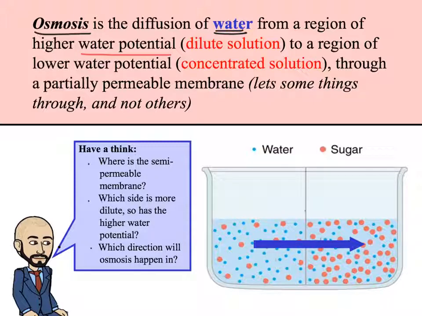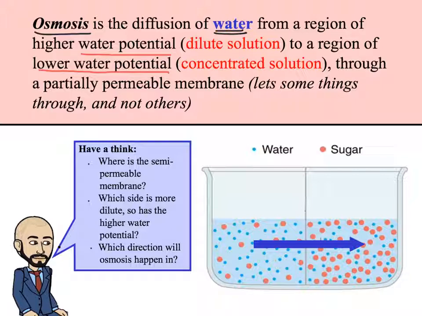When I like to think of it, when I say high water potential, as in the potential for there to be lots of water there. So from the region of high water potential to a region of lower water potential. So again, ultimately it's the movement of water from where there's more of it to where there's less of it, almost like a high concentration to a low concentration.